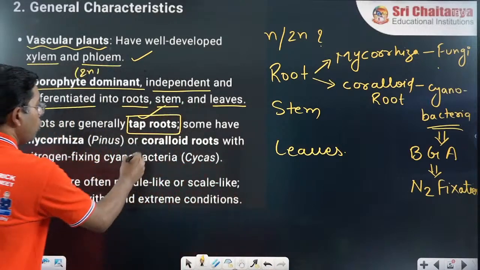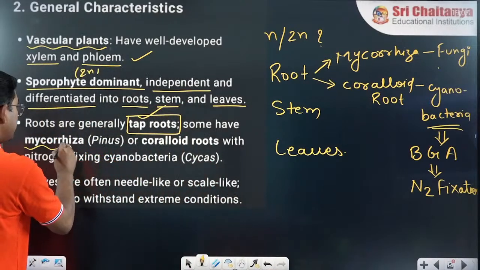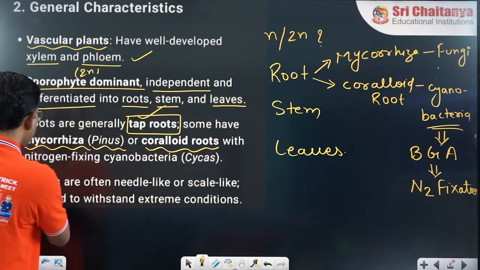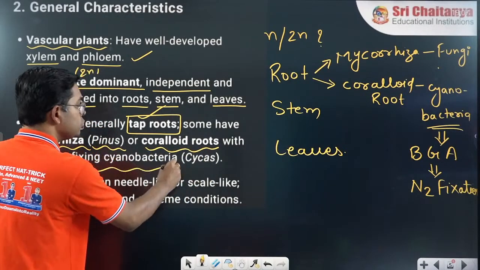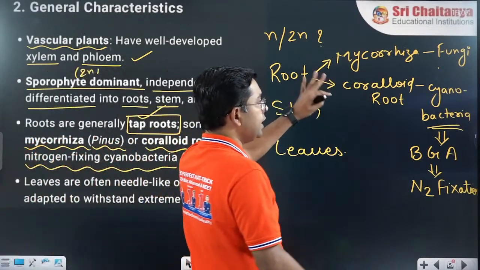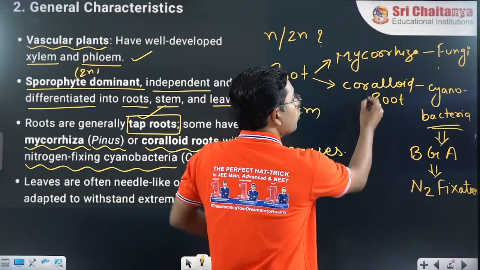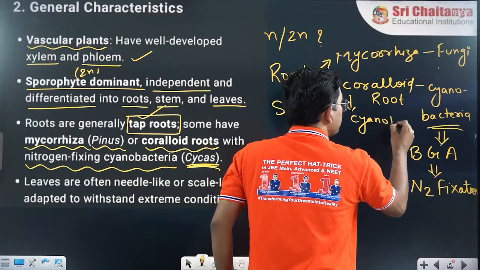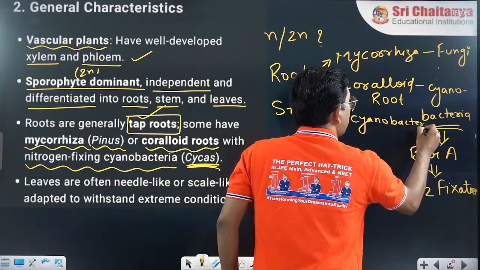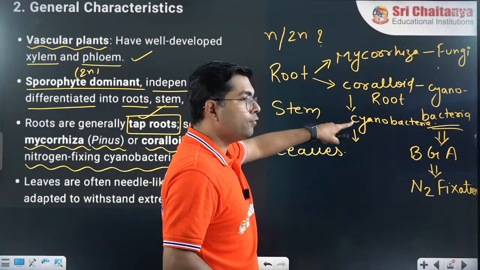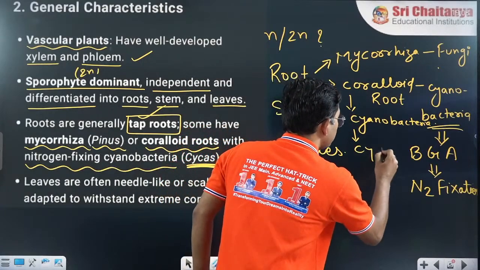So here, mycorrhiza is found in Pinus, and coralloid root is related to nitrogen fixing and is found in Cycas. Remember, very easy to remember: C for coralloid root, C for cyanobacteria, and C for Cycas.